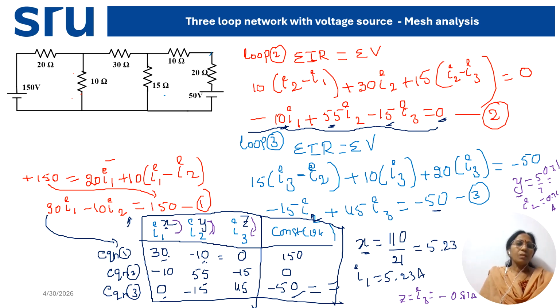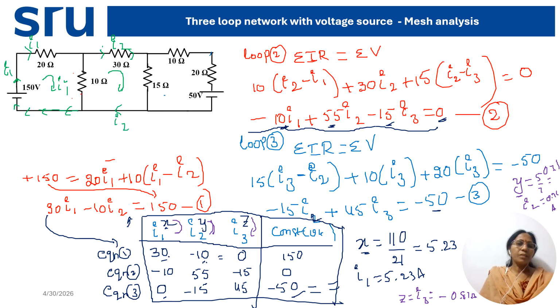See here, this is the I1 current. From here this is I1. The current through 150 is I1. The current through 20 is also I1. Now this is loop 2. Up to here this is the I2 current, and this current is also I2.